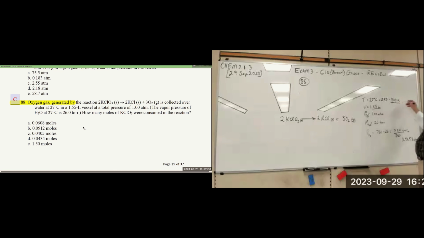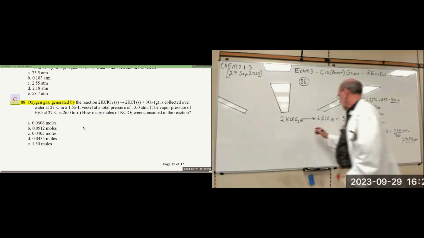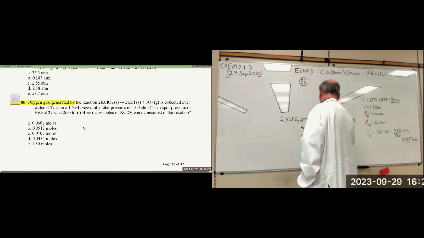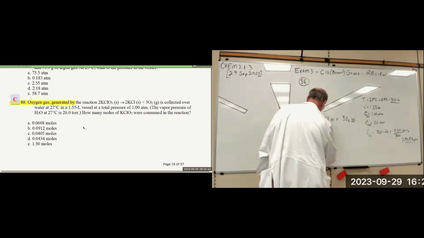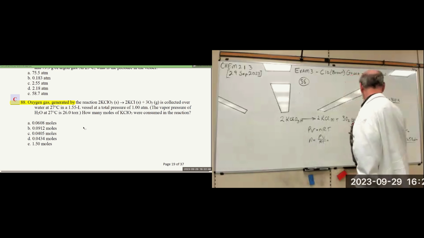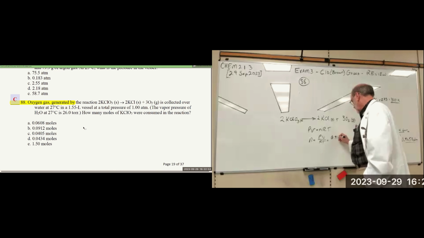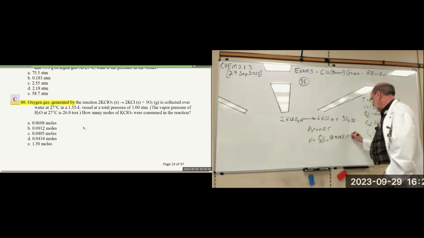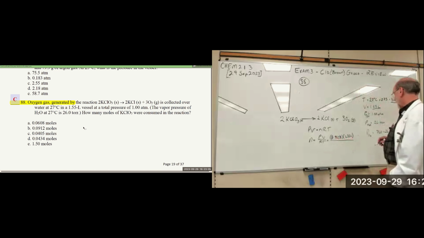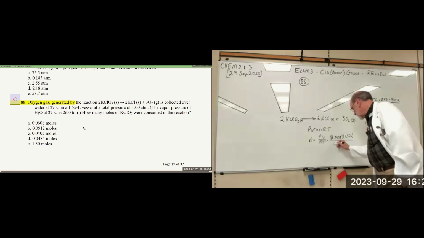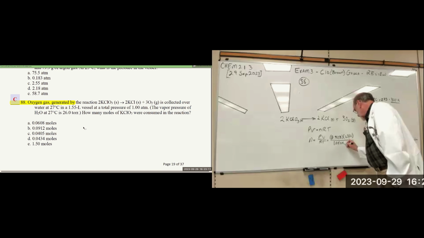Atmospheres, volume, temperature, we can find moles. And that'll give us the moles of oxygen. So PV equals nRT, and n equals PV over RT. Pressure is not 1 atmosphere, it's 0.9658. Volume is 1.55 liters. And R is 0.08206.